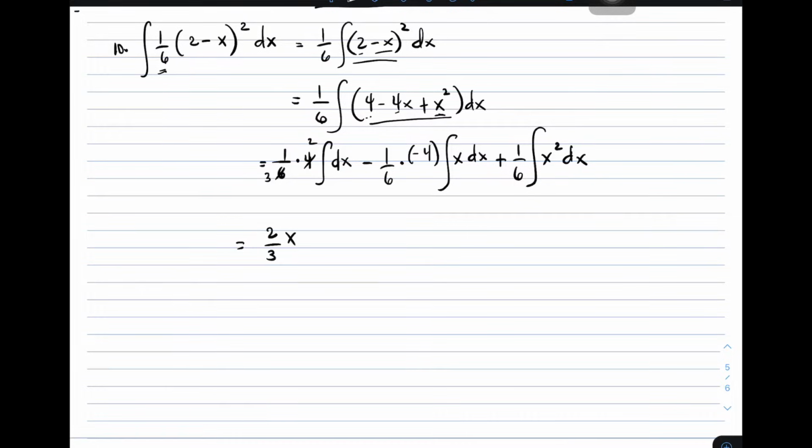We have here negative times negative. So, that is positive. And then yung 4 natin, pwede siya maging 2. Ito naman ay 3. So, we have 2/3 the integral of x dx. So, unti-unti lang natin. Plus 1 over 6 the integral of x squared dx.